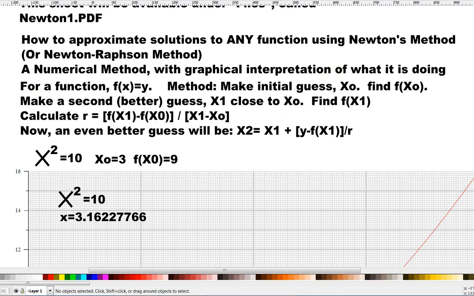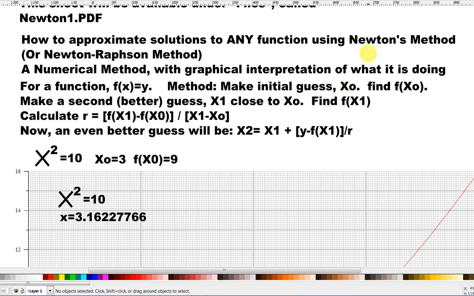So here's the method. It says, for any function f of x, let's start by using x squared as our f of x. F of x equals y, so f of x is x squared, y is 10. The method says make an initial guess for the answer.